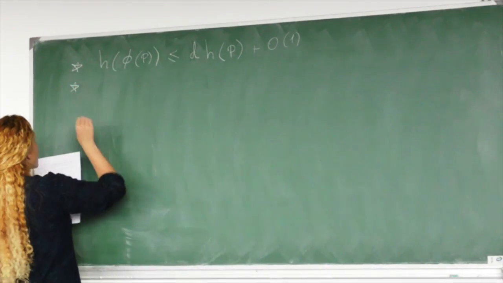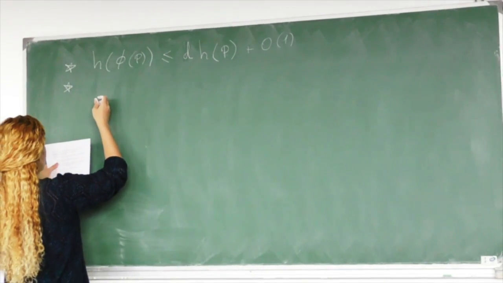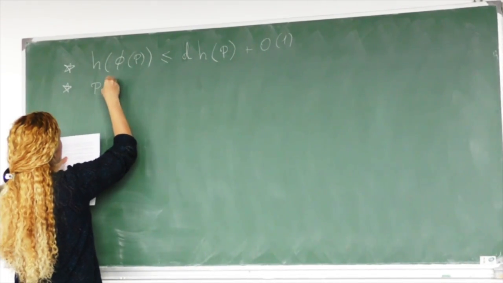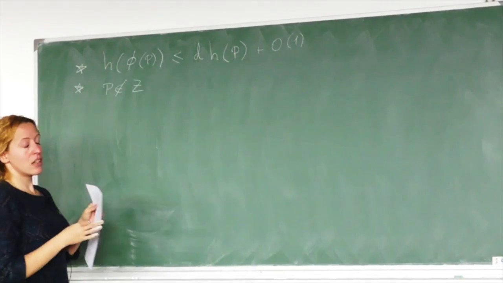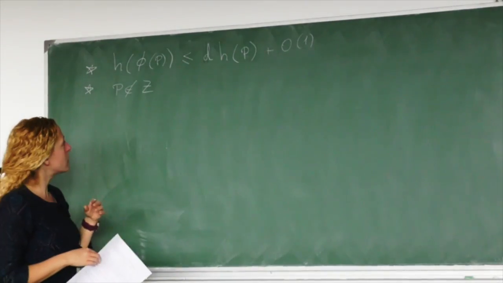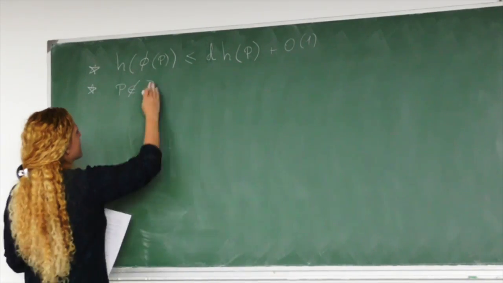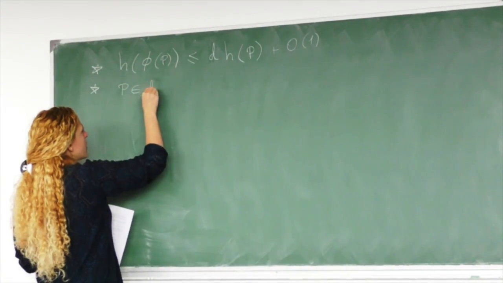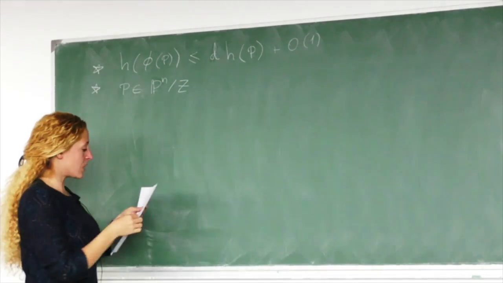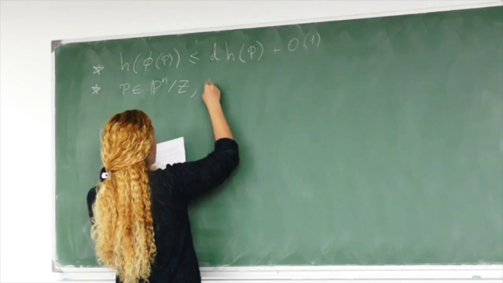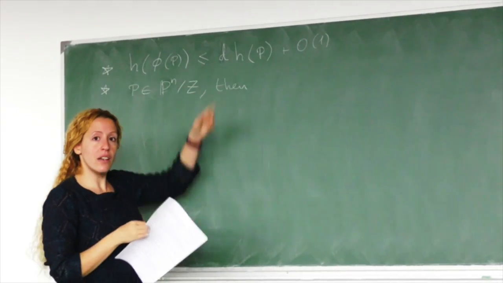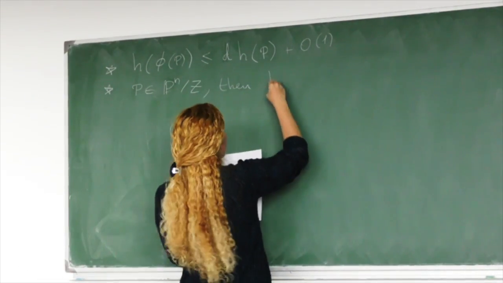And now, second point, even more: if P is not in the set, remember that this was the set in which the morphism is not well defined. So if we take the point in Pn minus that set, where the morphism is well defined, then it's not only that we have this inequality, what happens is that we actually have an equality.